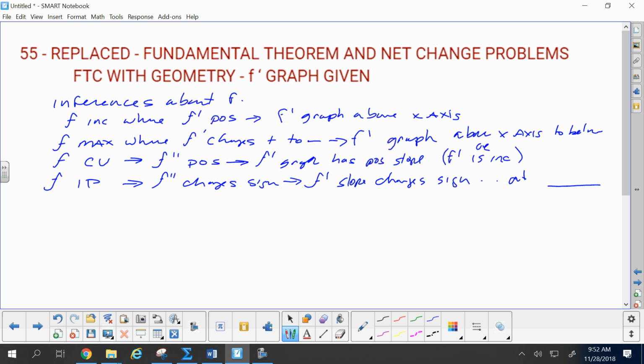What if I asked you to find an f value given an initial condition?